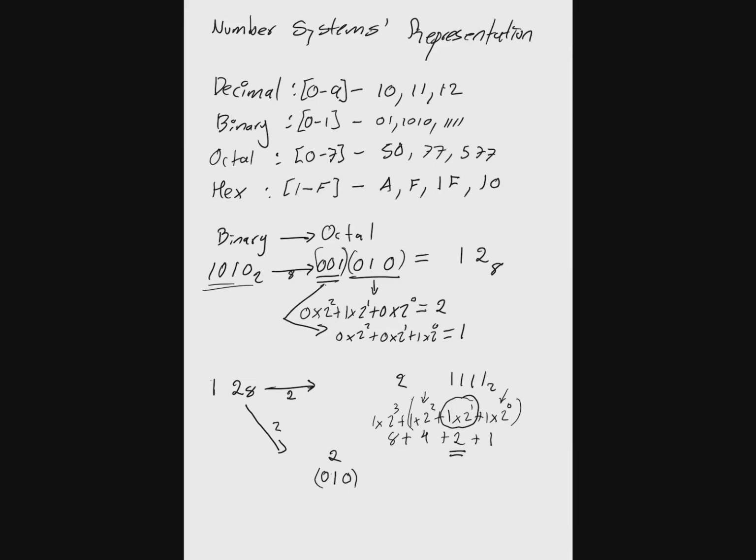And what about the other term, which is 1? Well, I need a group of 3 digits, and if you observe again this polynomial, what gives you 1? Well, we're taking terms only in groups of 3 of this polynomial, starting from right to left, for any digit that we want to convert from octal to binary.